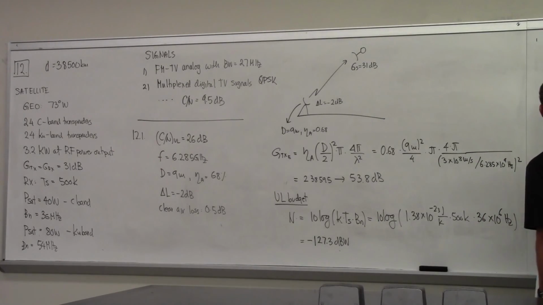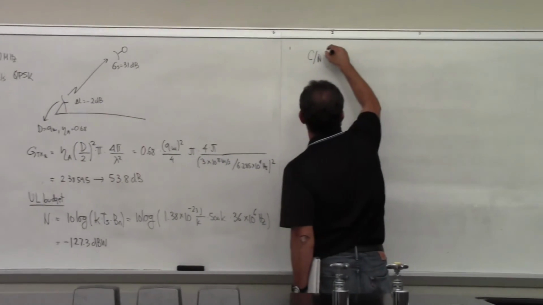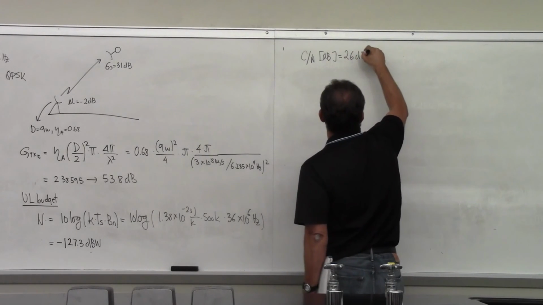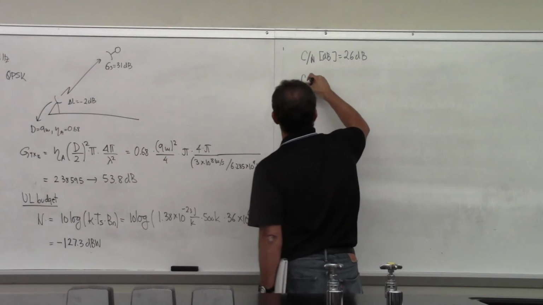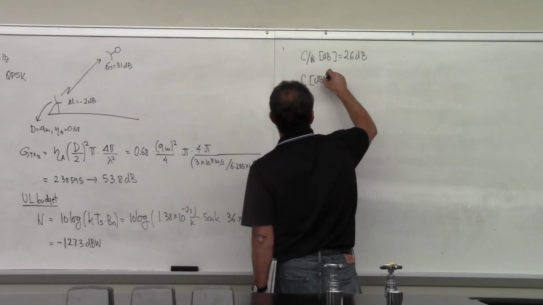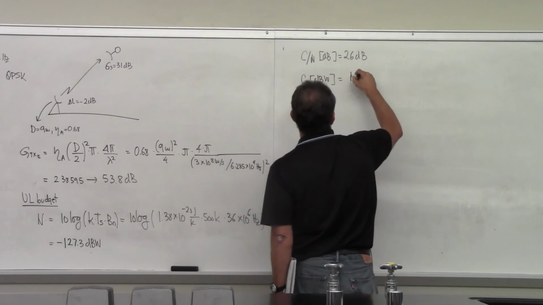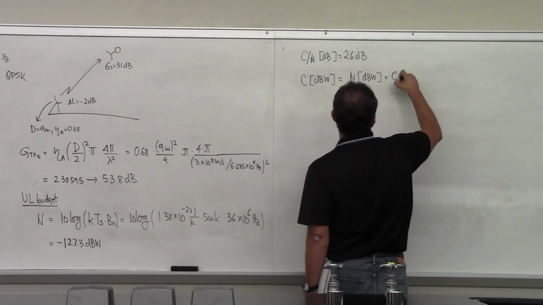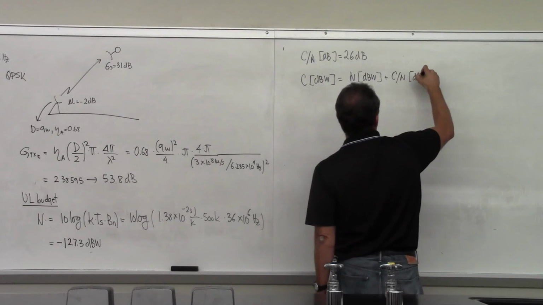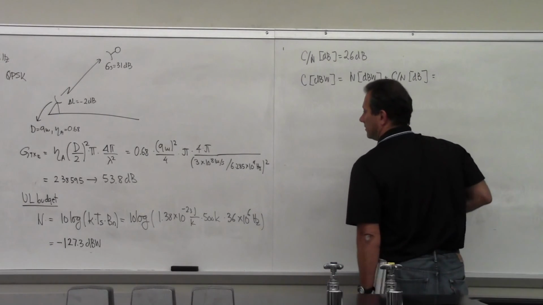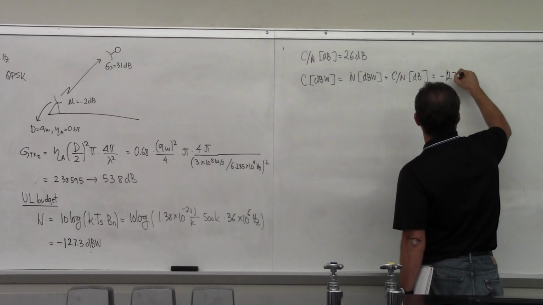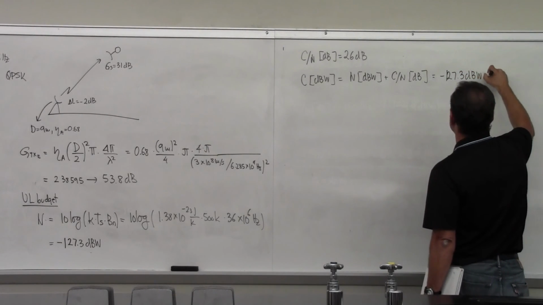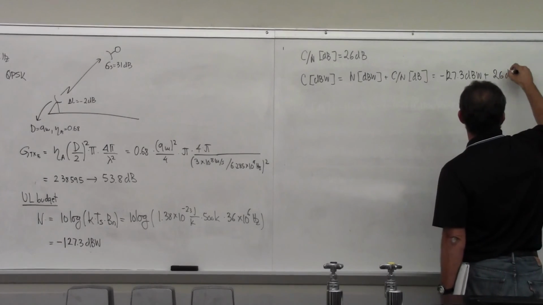Okay, so C to N in dB is equal to 26 dB. Since I know N, I can determine that C in dB watt needs to be equal to N in dB watt plus C to N in dB, which is minus 127.3 dB watt plus 26 dB.